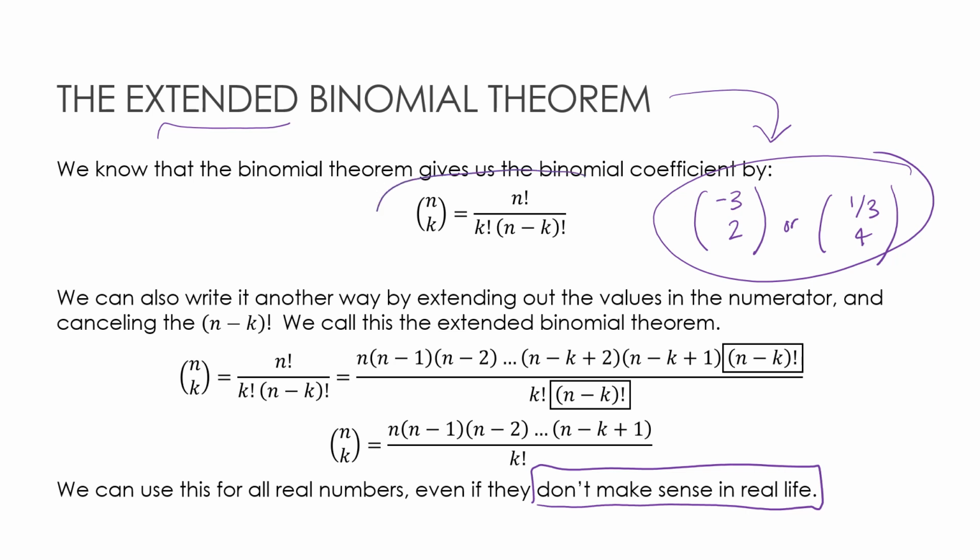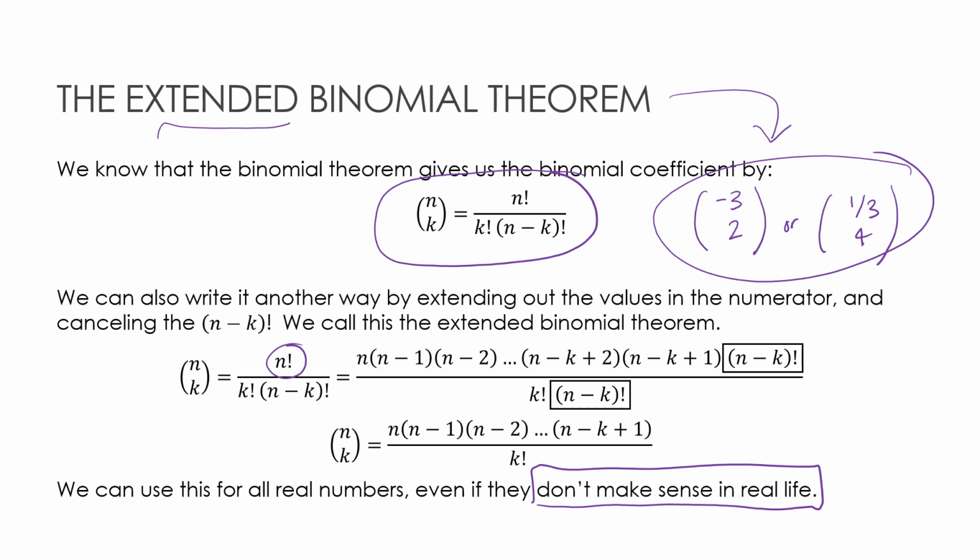So here's our normal binomial coefficient. n choose k is n factorial over k factorial times n minus k factorial. Now as you can see, if I take the numerator and I just start expanding it, n factorial means n times n minus 1, etc. And I keep expanding that all the way to n minus k factorial.